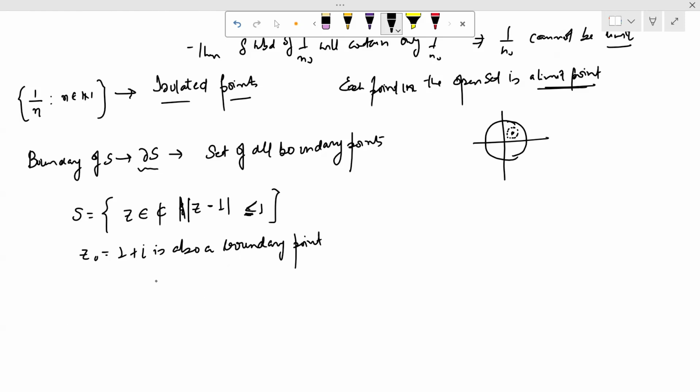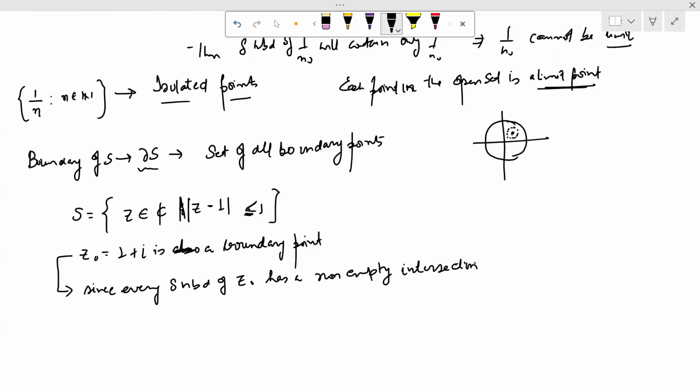Okay. And remember, one of the important things is this Z naught is a boundary point. Why is it a boundary point? Since every delta neighborhood of Z naught has a non-empty intersection with both S and S complement.